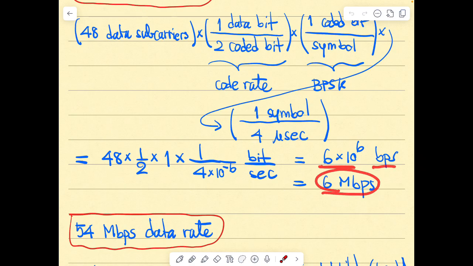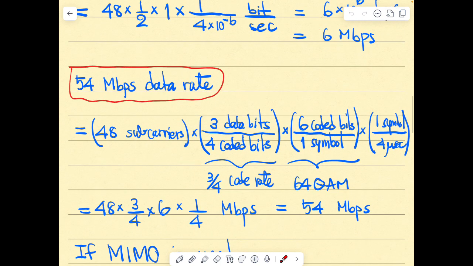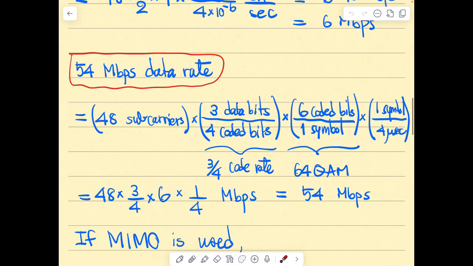Now let's look at the maximum data rate that IEEE 802.11a provides. Again, we have 48 subcarriers for data. In terms of code rate, we use something more efficient. Instead of 1/2, we use 3/4, which is the maximum code rate allowed for this standard.